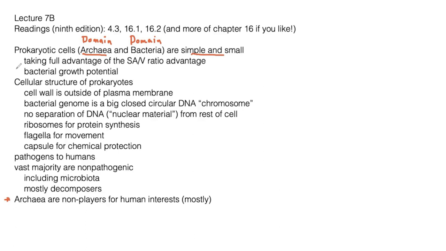Well, I'm glad you asked, because it's really most evident when it comes to the potential for growth, right? How does this surface area to volume ratio manifest itself, this advantage? In the form of an advantage in growth rate.